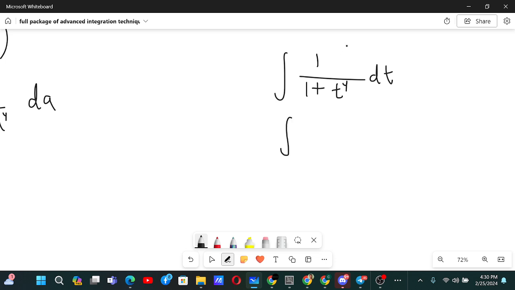So first of all, you divide numerator and denominator by t square, and you get 1 by t square over t square plus 1 by t square.